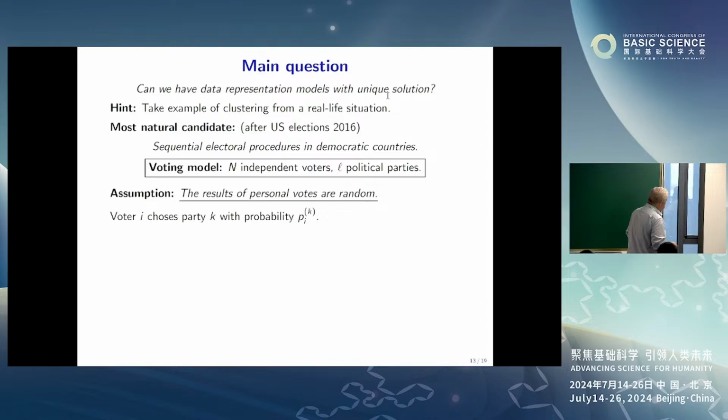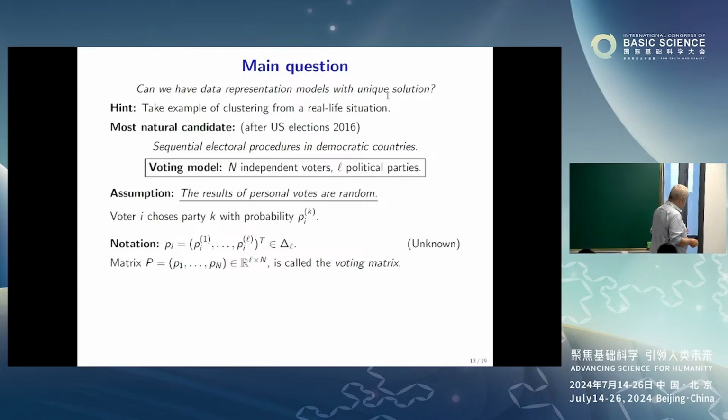Let's introduce party k with some probability. Of course, the sum of these probabilities is equal to one, so pi belongs to the simplex, and this will be the result of the vote.